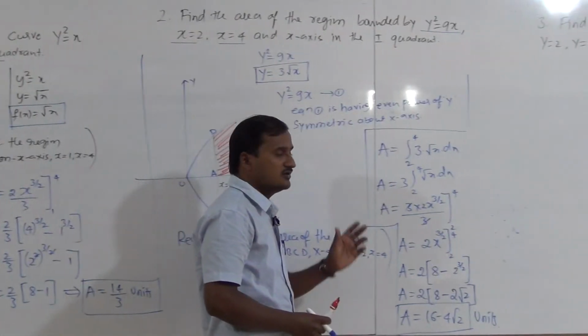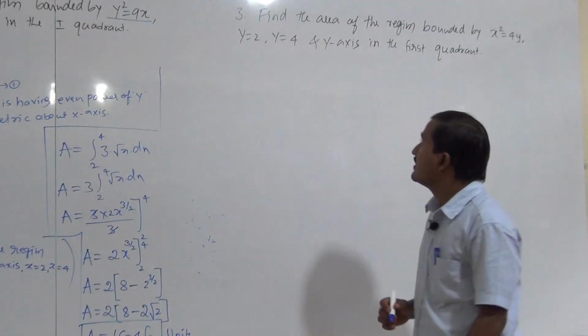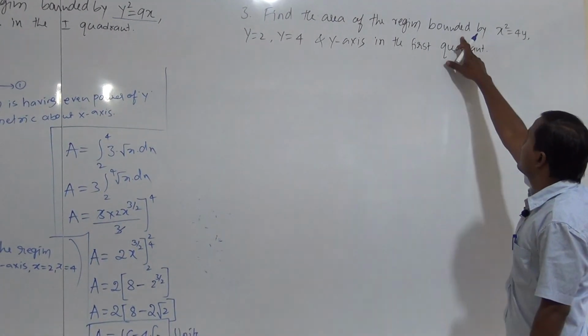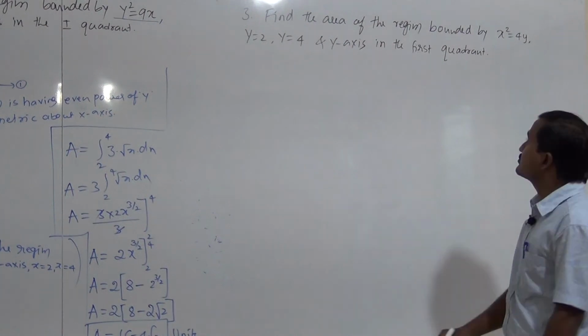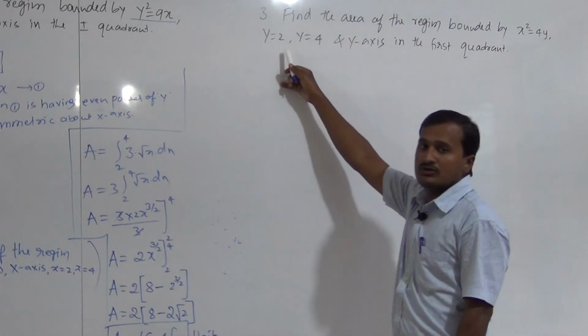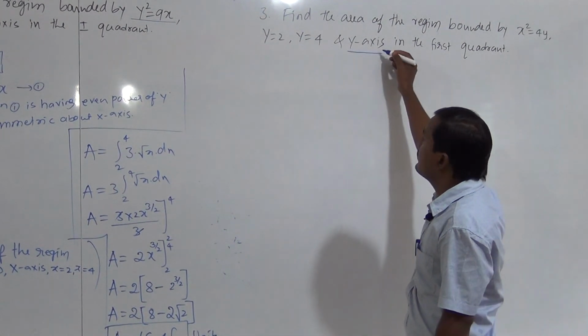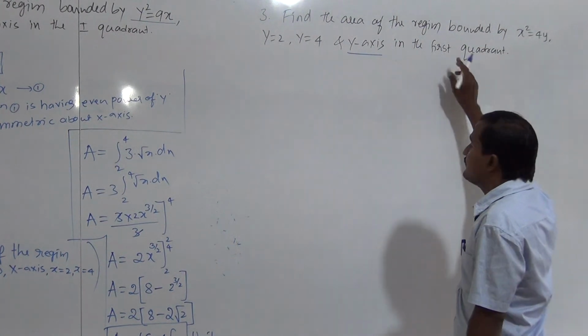Next we will go for the third question. Find the area of the region bounded by x square equal to 4y with the lines y equal to 2, y equal to 4 and the y-axis in the first quadrant.